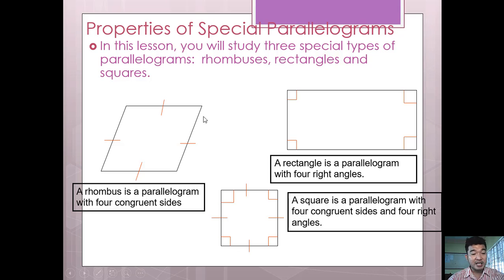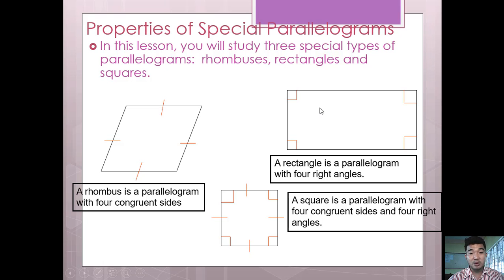Okay? So once again, in a rhombus, all sides are equal or congruent, while in a rectangle, all angles are equal or all angles are right angles. But it doesn't necessarily mean that in a rhombus, kung magkakamukha ang lahat ng sides, hindi ibig sabihin ay magkakamukha ang lahat ng angles.